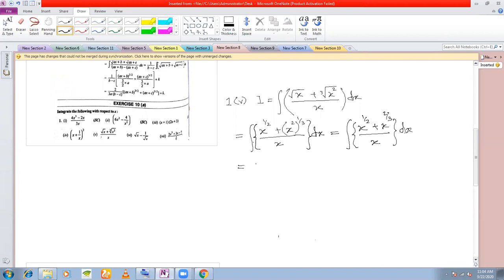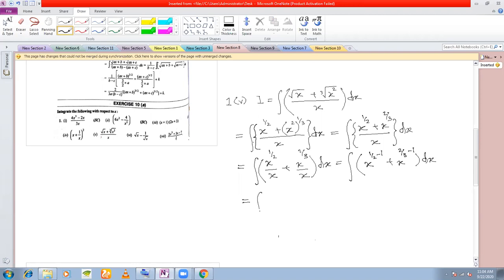Now you can separate: integral x to the power of half by x plus x to the power of 2/3 by x dx. So now this becomes x to the power of half minus 1 plus x to the power of 2/3 minus 1 dx.